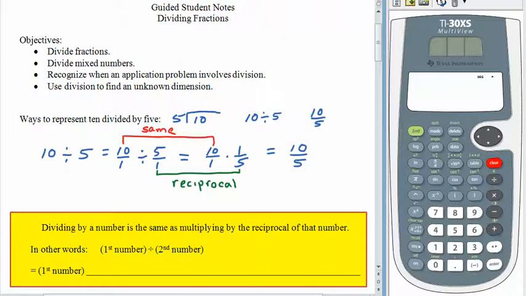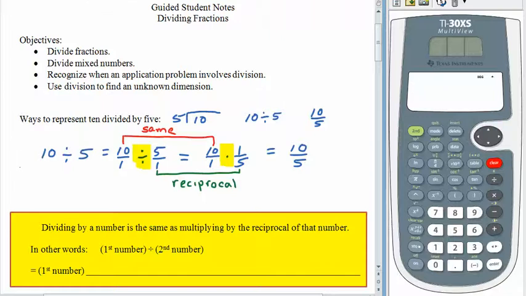And then we also made this change. The division turned into a multiplication. And that's pretty much how division of fractions works. If you're going to divide by a number, it's exactly the same as multiplying by the reciprocal of that number.